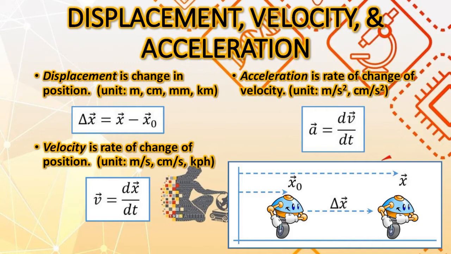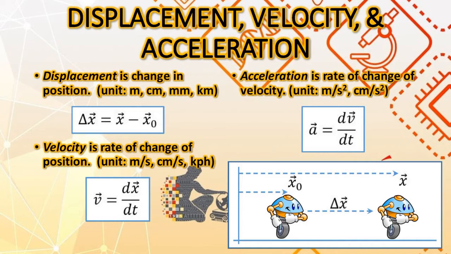Now, if the position can change with respect to time, the velocity can also change with respect to time. We have the rate of change of velocity, which we refer to as the acceleration of the object. Variable for acceleration is a.